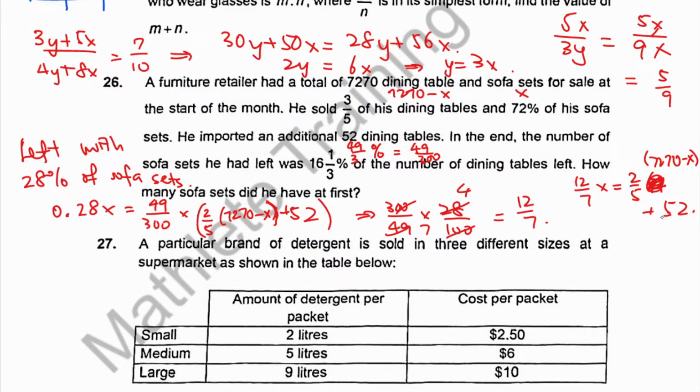Now I guess it's time to simplify first. Divide both sides by 2. 6 over 7x is 1 over 5 times 7270 minus 1 over 5x plus 52. 7270 divided by 5 is 1454, and 1454 plus 52 is equal to 1506.